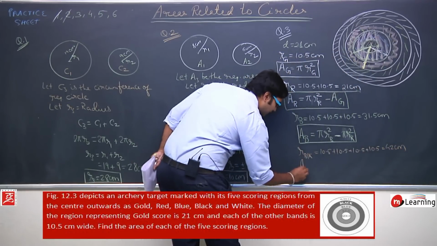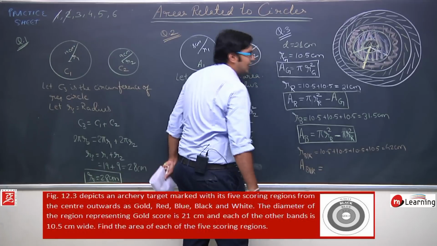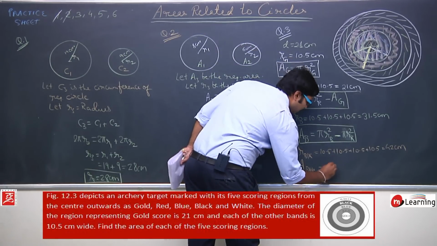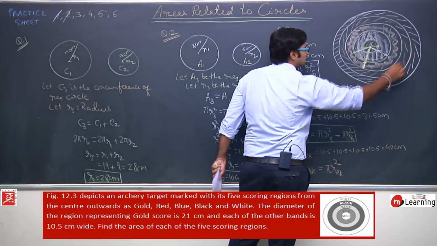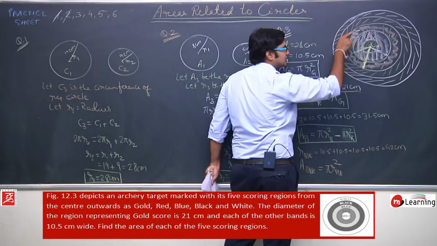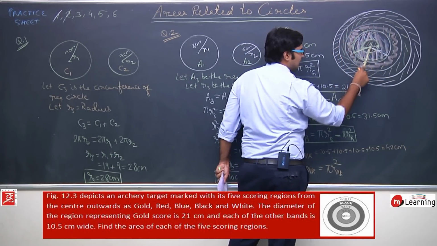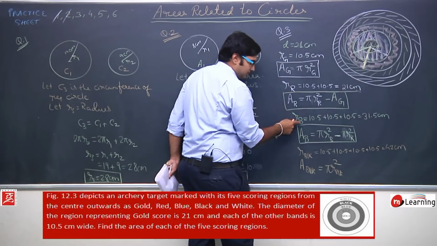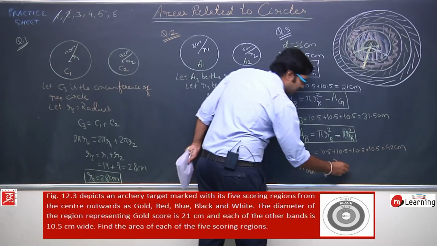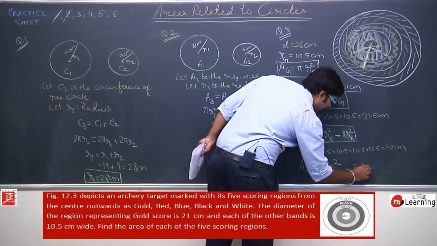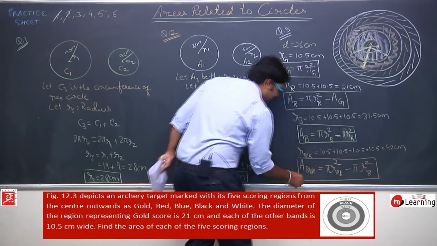The area of the black region will be pi r black square minus the internal region, which I need to subtract. The radius of this region is 31.5, that is r blue. So the area of the black region is equal to pi r black square minus pi r blue square.